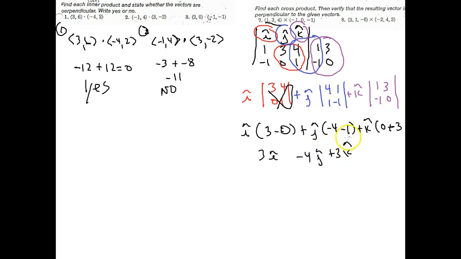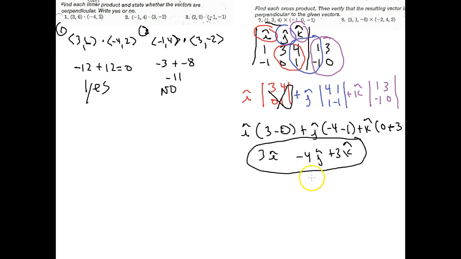One thing that's true about cross products is they always have a direction, whereas dot products never do. It's 0 or it's negative 11. In this case, it's 3 I hat minus 4 J hat plus 3 K hat, which means it's going in a specific direction. Always have a direction. They have to, by definition.